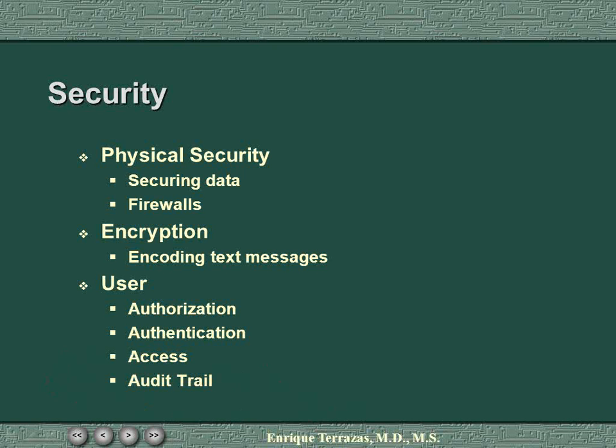And then audit trail. In the era of HIPAA, you need an audit trail, because you need to know who modified the information in what way, and also who looked at the data. Another provision of HIPAA is that patients have the right to request an audit trail of who looked at their protected health information, so you have to be able to provide that.